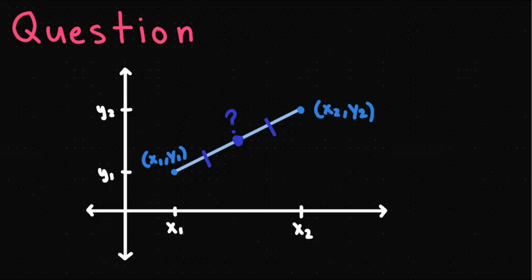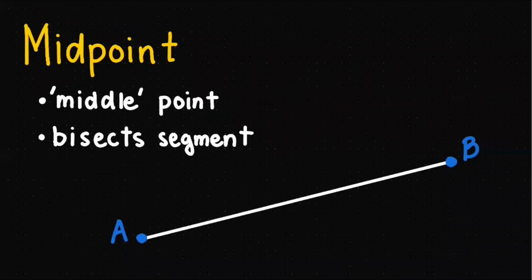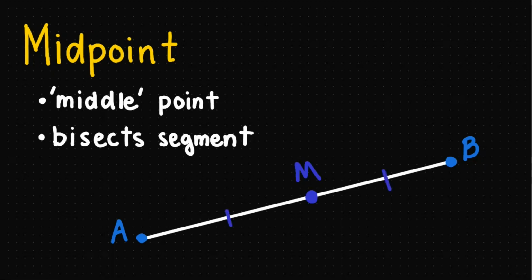But first, let us define what a midpoint is. A midpoint, or you could view it as the middle point, is a point in the middle of 2 points. So assuming that it's this one, say M, such that it bisects this line segment, or again, it divides this line segment into 2 equal parts.